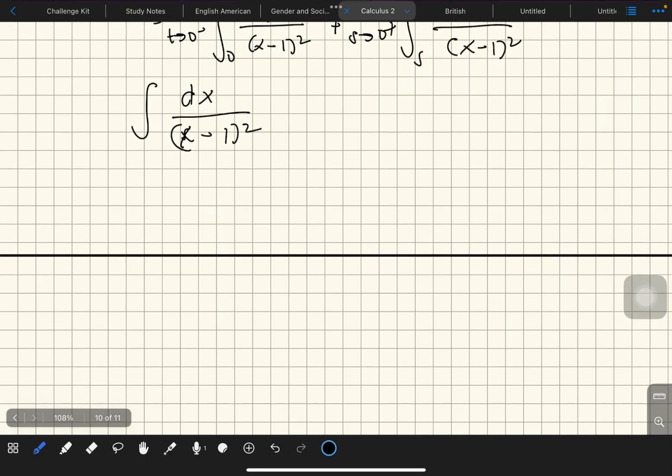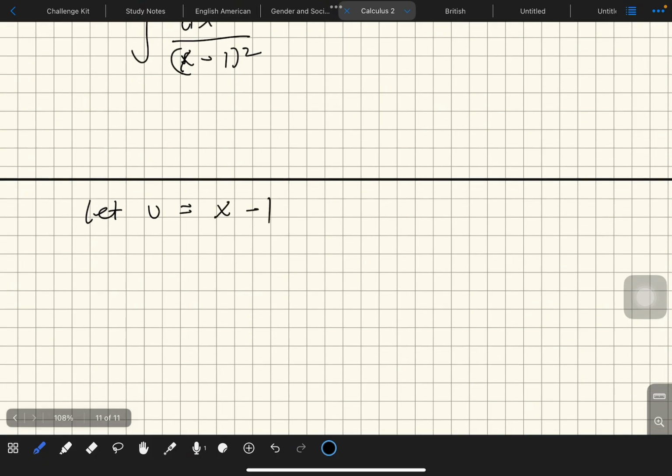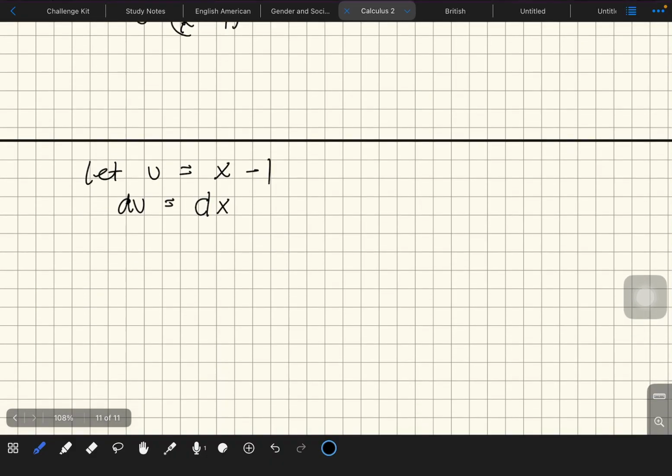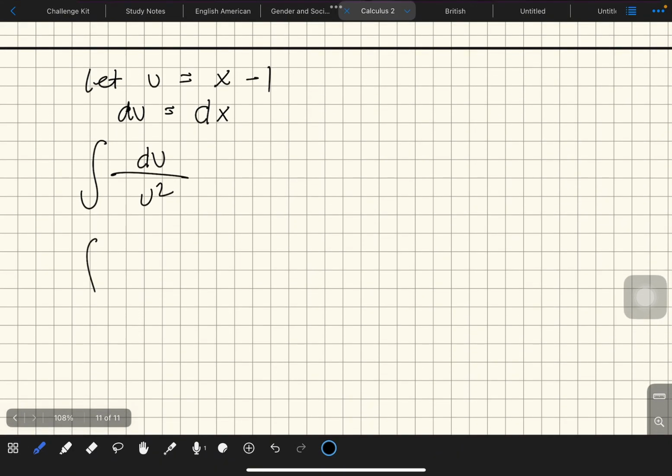To integrate this, let u equal x minus 1, so du equals dx. The integral becomes du over u squared, so we integrate u to the negative 2 du.